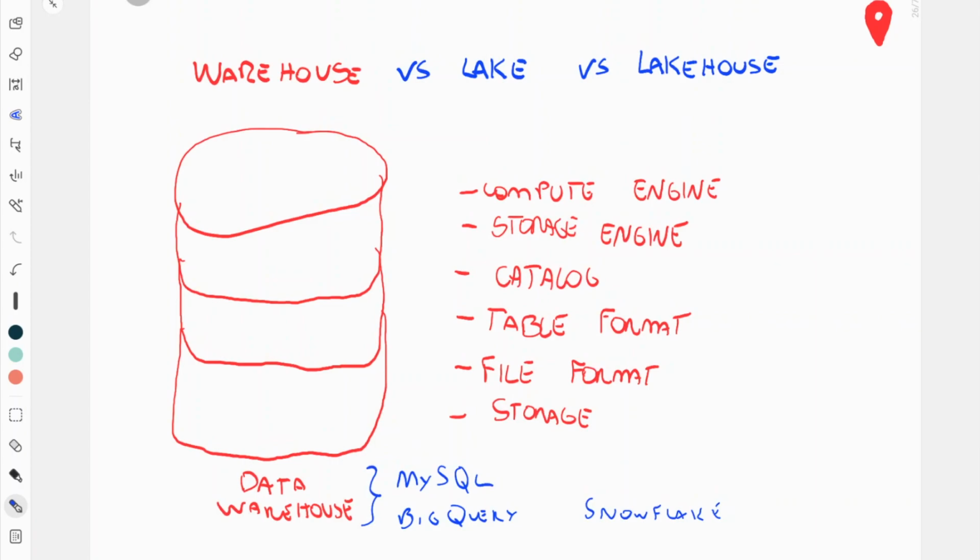Only this specifically has the compute engine, the storage engine, the catalog, the table format, the file format, and the storage itself. Many of these things you have no idea that it has because it's so coupled. It has many layers, and you only interface with the storage engine.